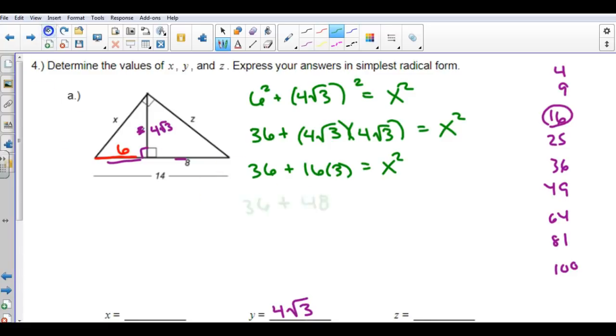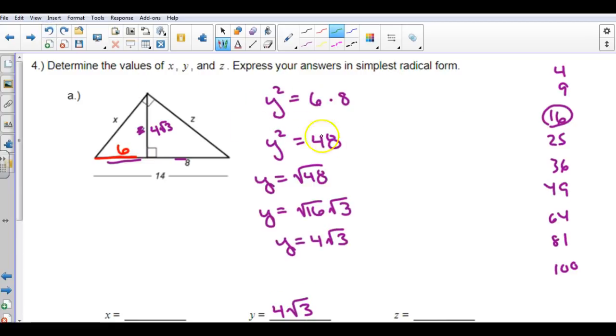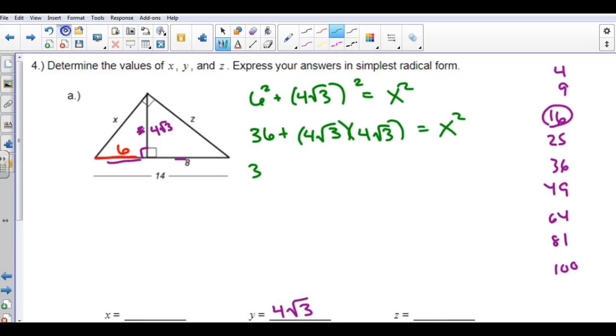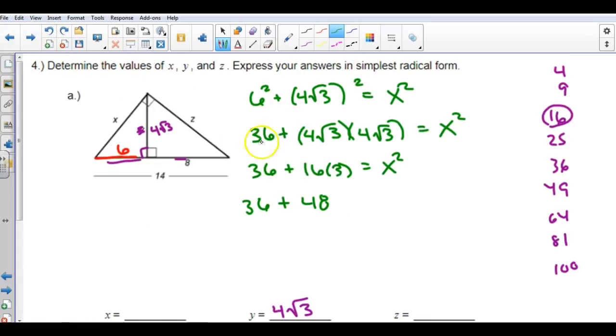So if I were to hit this back arrow a bunch and go back to that, just notice that at a step before, we knew that this value squared was 48. So later on, if you want to save yourself some work, which you could really do, just replace this value right here with the 48, and you don't even have to square it then. It would already be squared for you.